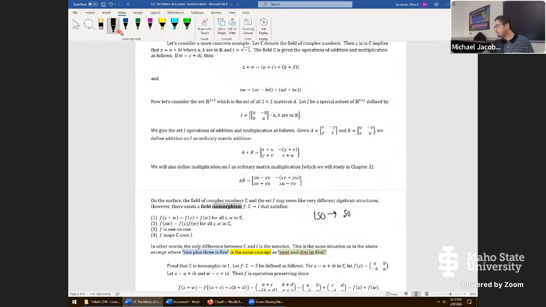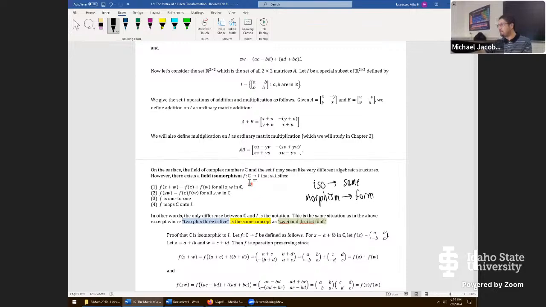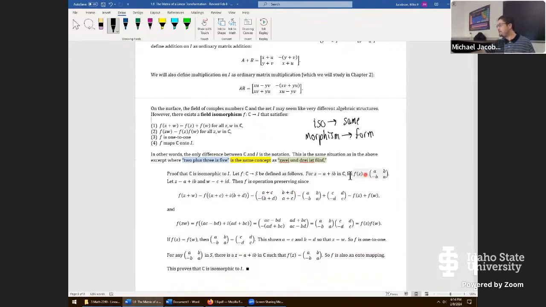Iso meaning same, morphism means form. Might be Latin or something, I'm not completely certain. So you'll see the word isomorphism a lot the more mathematics you take, just meaning something has the same form. And it turns out the field of complex numbers is isomorphic to matrices of this form. You could work with those matrices exclusively, and you're working on complex numbers.